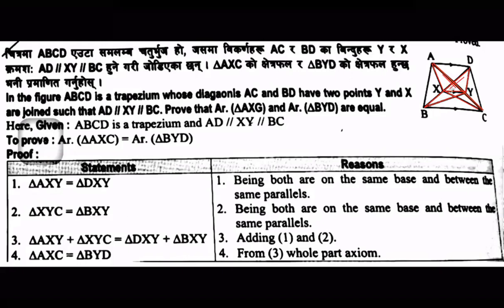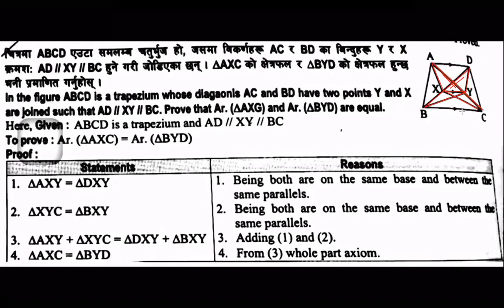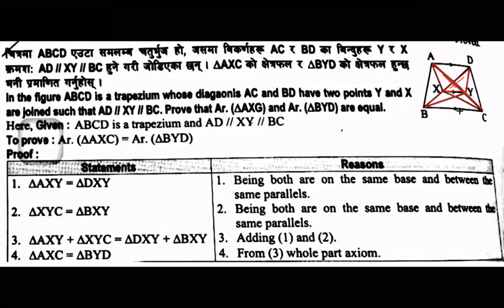So this triangle and this triangle are standing on the same base XY and between the same parallel lines XY and BC. That's why they are equal to each other. In this way, we can say that these two triangles and these two triangles are equal to each other. If we join them, you will get the answer.